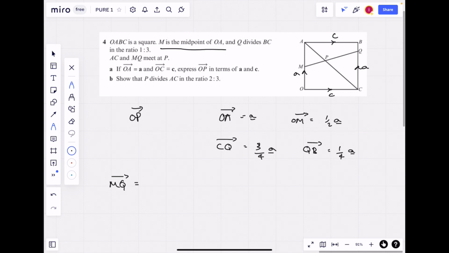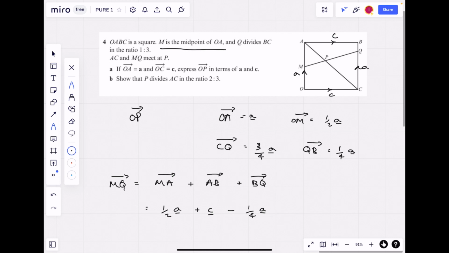To work out MQ, we can go from M to A, we can go from A to B, and then we can go from B to Q. M to A is a half of A, A to B is just C, B to Q is a quarter of A. Minus, yeah, because we're going in the opposite direction.